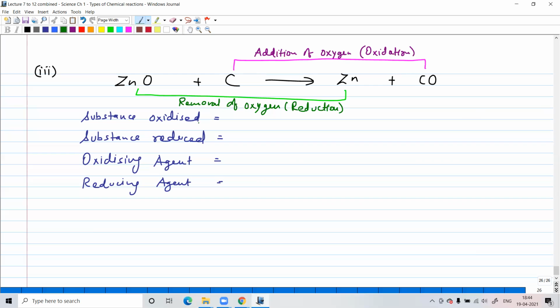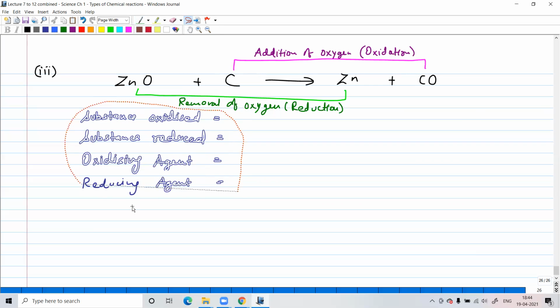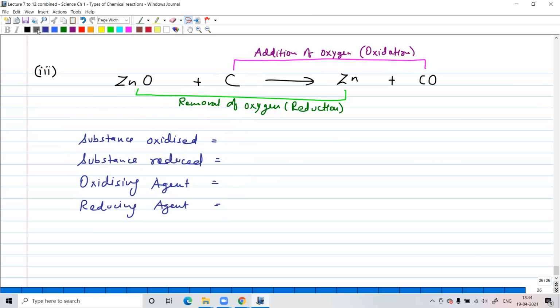Okay, now answer me these questions. Substance oxidized? Carbon, sir. Yes.